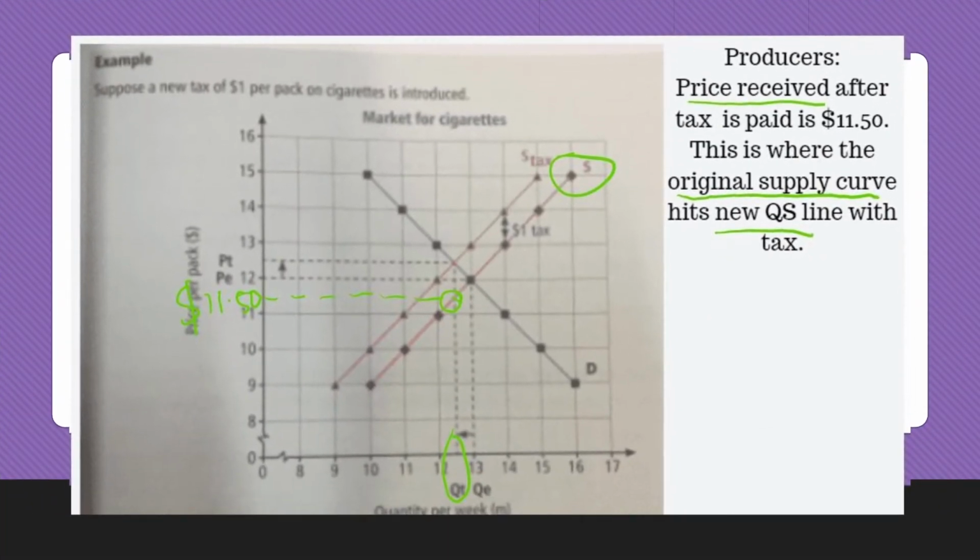Alright, so the next part is that we look at the producers. So the producers receive $11.50 after the tax is introduced. Now this is where it gets a little bit tricky.